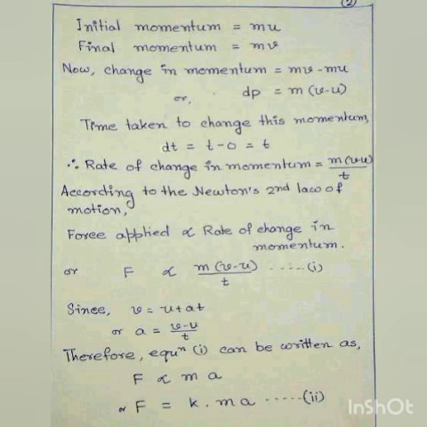Therefore rate of change in momentum is equal to m into v minus u by t, that is change in momentum by time. Clear? So now what is the second law of motion? What we have just discussed. The rate of change in momentum is directly proportional to the force applied on the object. So here the force applied is capital F, and rate of change in momentum is m into v minus u by t.